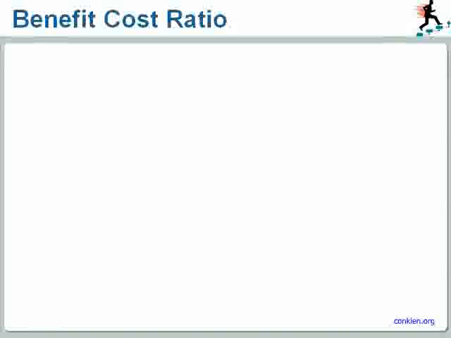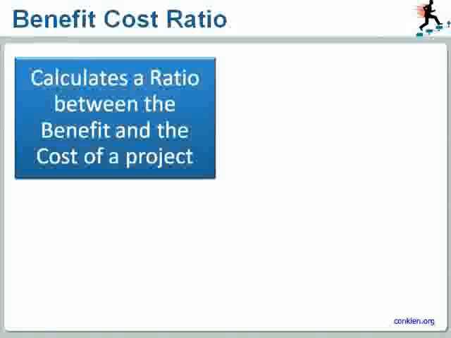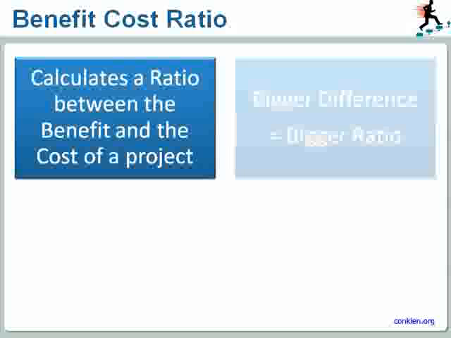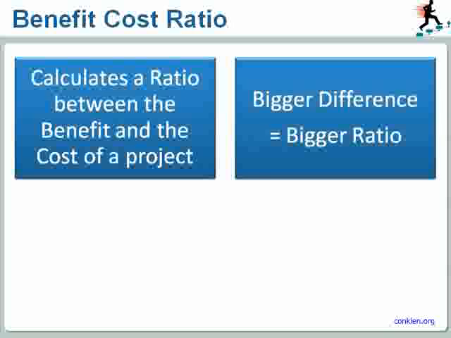And this rule to select the project with the bigger number is also valid for our next term here, the benefit cost ratio, the BCR. As the name implies, the BCR calculates a ratio between the benefit and the cost of a project. And the bigger the difference between the benefit and the cost is, the bigger the ratio will get.